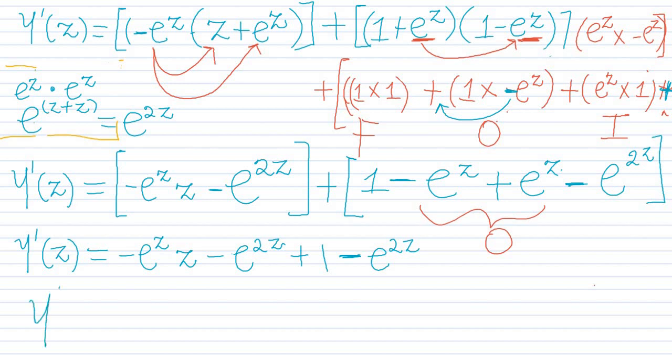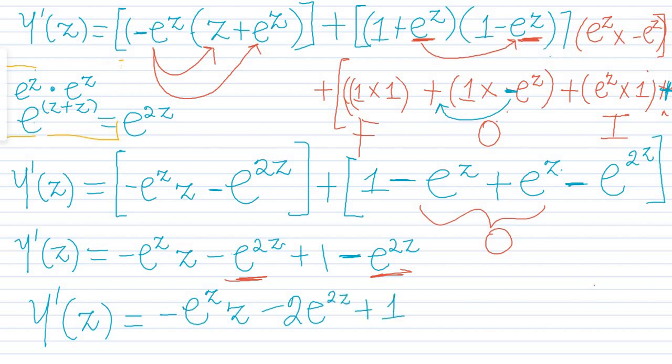So y prime of z, you end up with negative e to the 2z, and then these two can be added together. So negative here, we can have this to be negative 2e to the 2z plus 1.